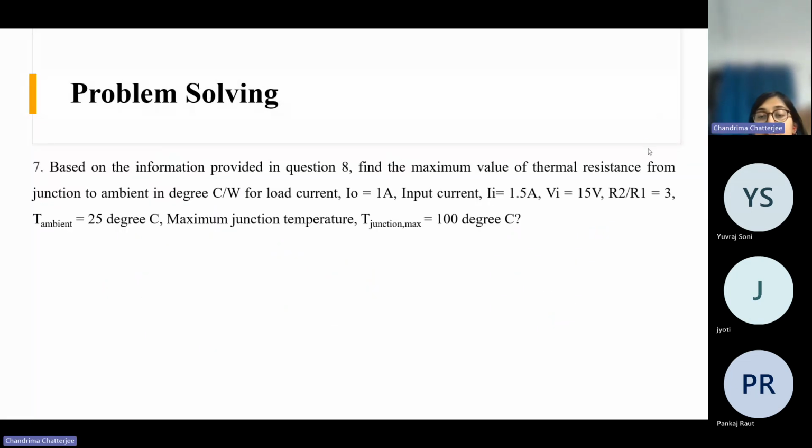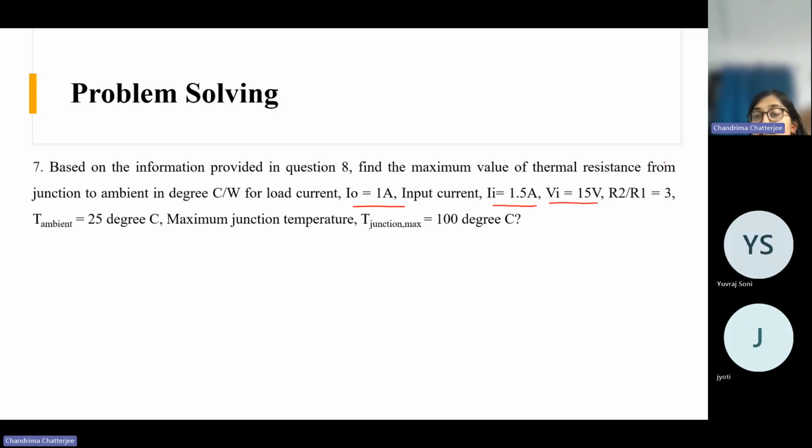What is the next question? Based on the information provided in question 8, find the maximum value of thermal resistance from junction to ambient in degrees Celsius per watt for load current IO equal to 1 ampere, input current 1.5 ampere, input voltage 15 volt, and R2 by R1 ratio is 3.